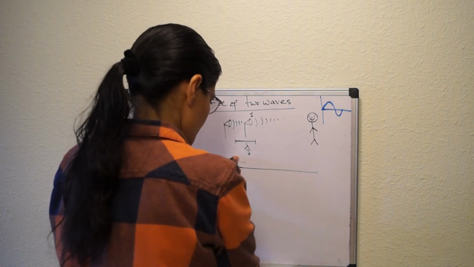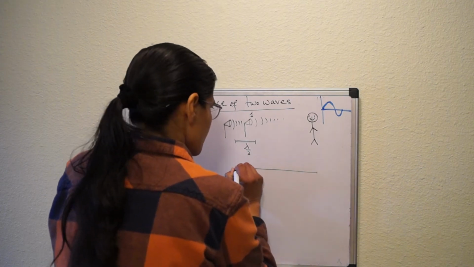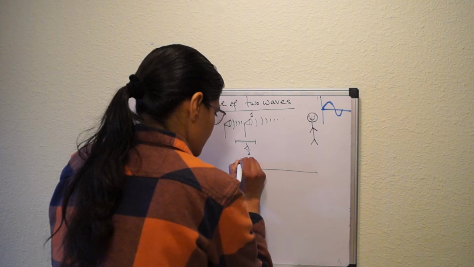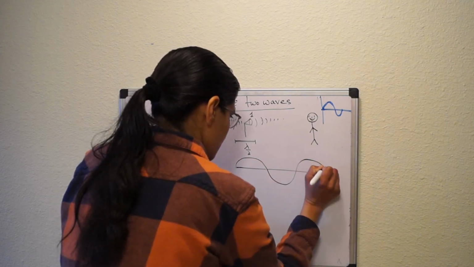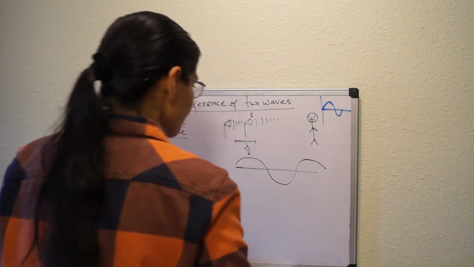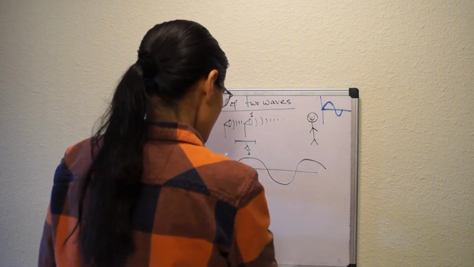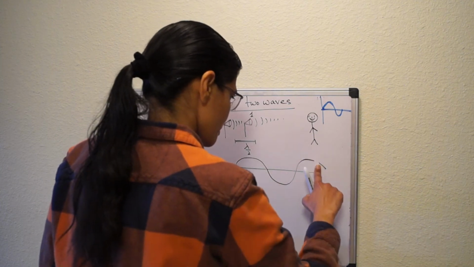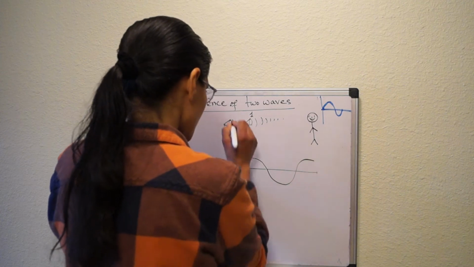That's not as big as I wanted. So from here all the way to there. Okay, so like that. Now you see what you hear is up to here. Now this is the wave produced by this speaker 2.